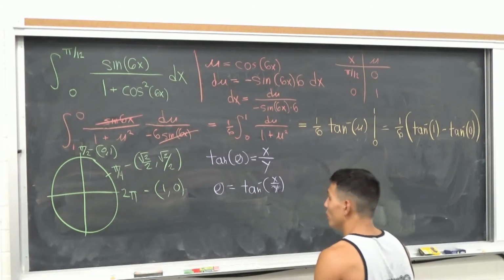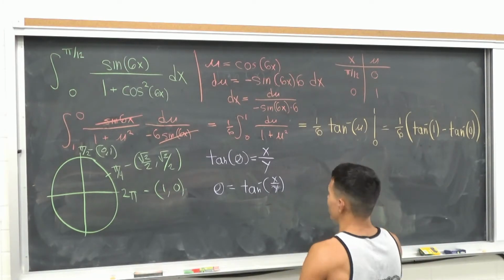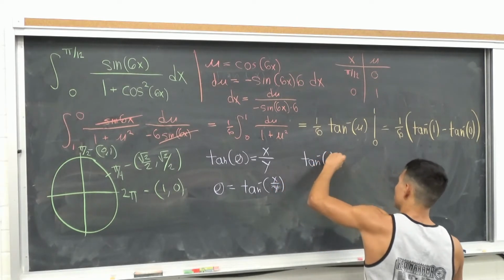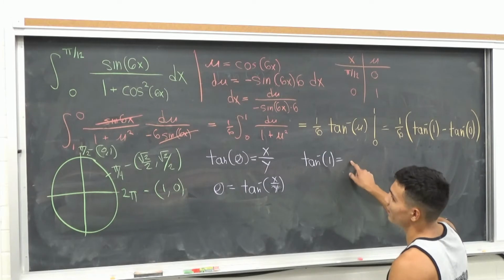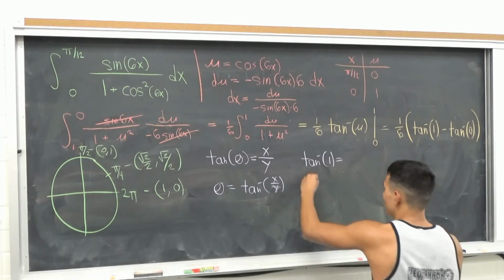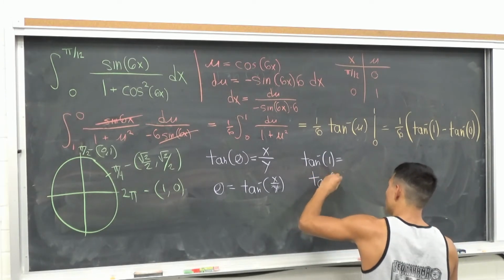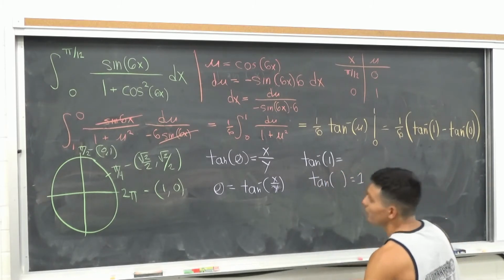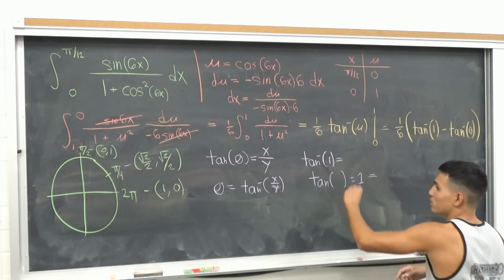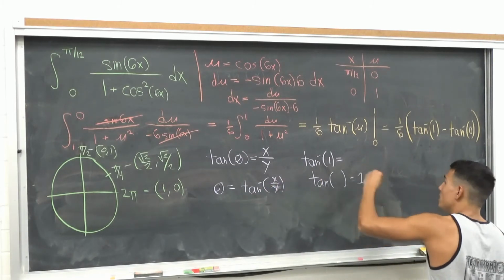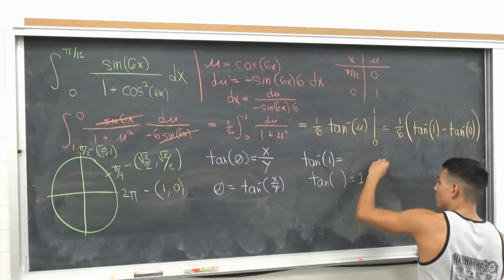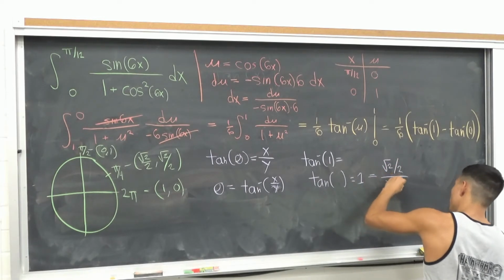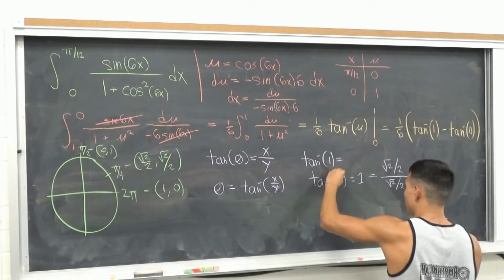Okay, so tan inverse of 1. Basically, tan inverse of 1 means we have to find an angle that produces 1. In other words, tangent of what angle equals 1? The only angle that corresponds is where it's square root 2 over 2, square root 2 over 2, and that's pi over 4.